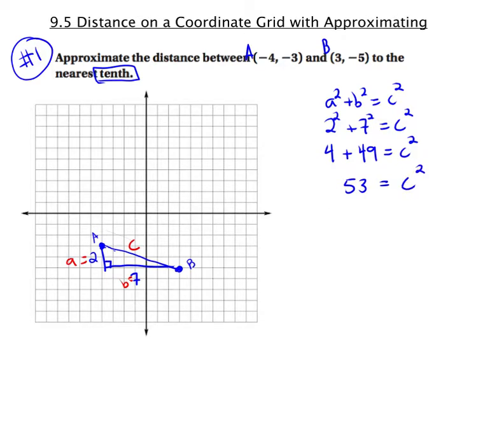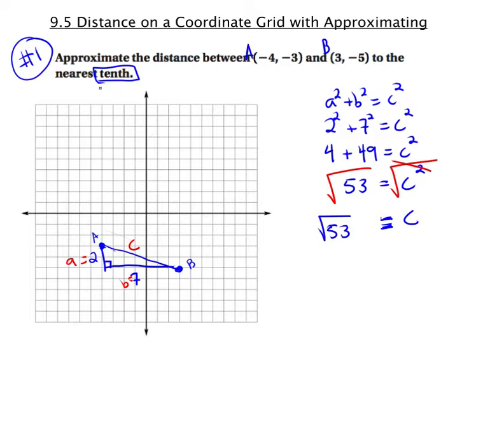I'm still solving, so to cancel out this square, I take the square root of both sides. Now c equals the square root of 53. And this is the exact answer. Notice I still have an equals. This is our exact answer right now.